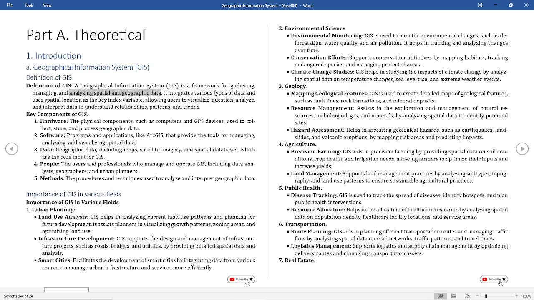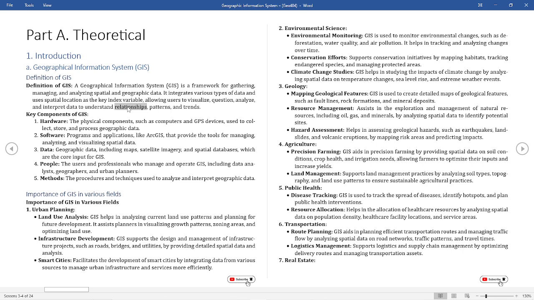So it integrates different types of data which use spatial location. When you collect or analyze data which has spatial location, then you can visualize, make queries, analyze, and interpret the data to understand the relationship.